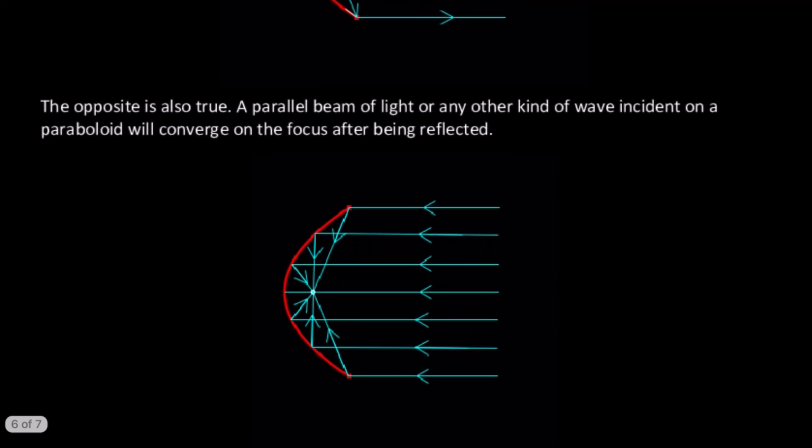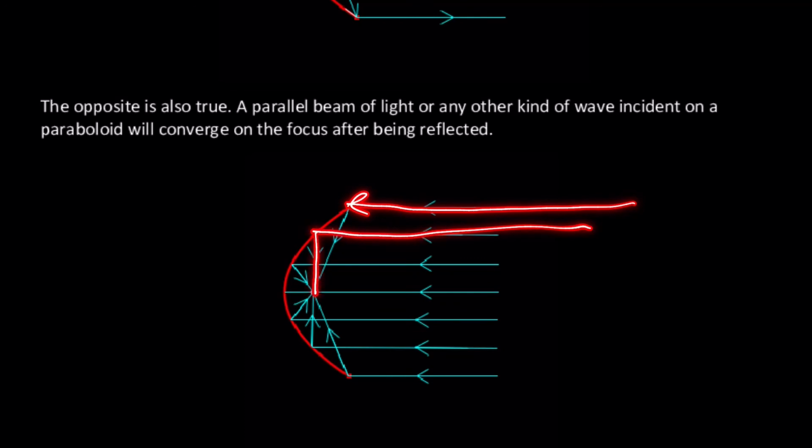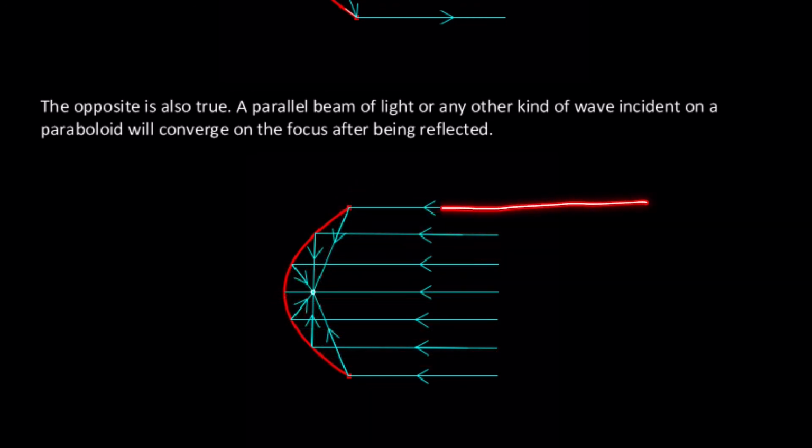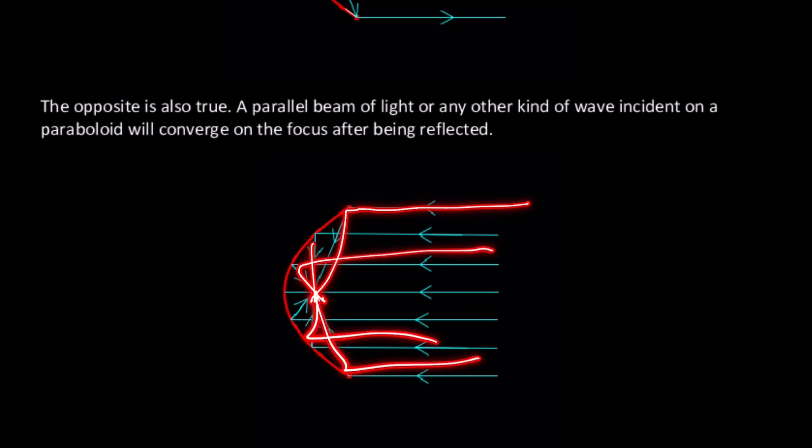This is how a satellite dish would work. The satellite signals come in parallel and they all reflect off the parabolic dish and bounce right to that focus. So even though individually each one of these waves is too weak to be read by the receiver, the parabolic dish focuses them all to that receiver. So it amplifies that signal.